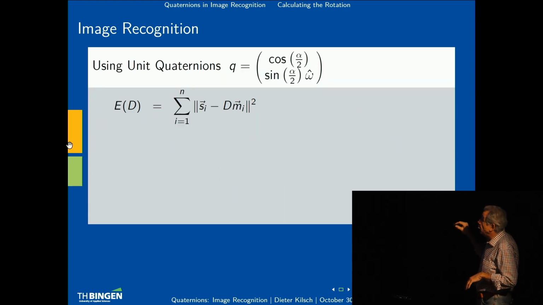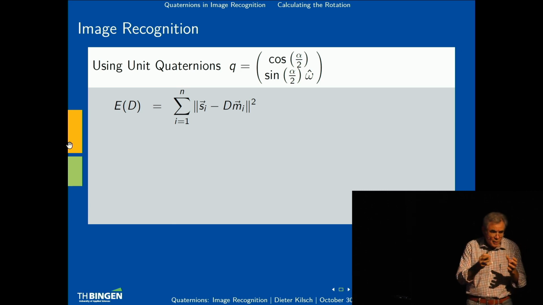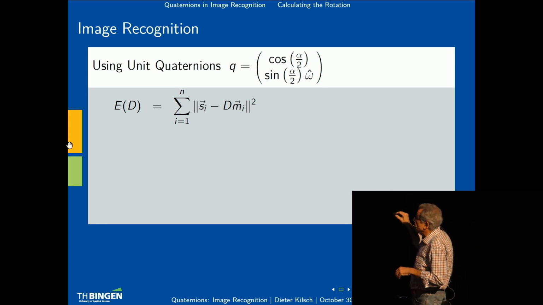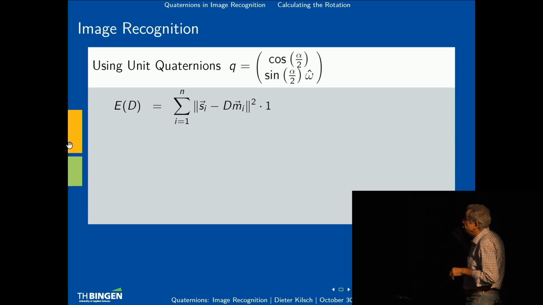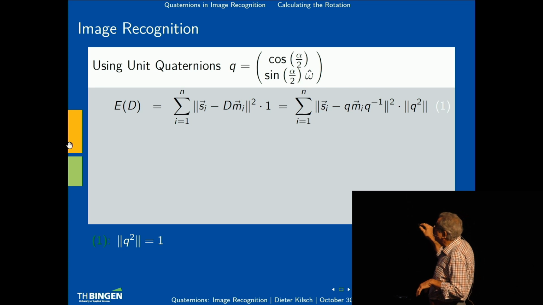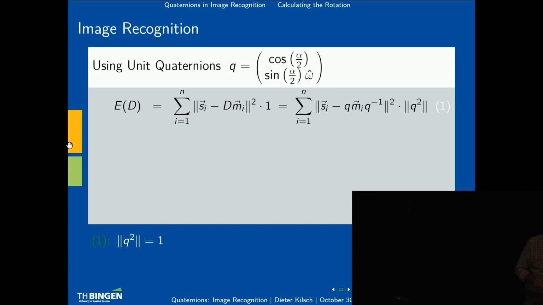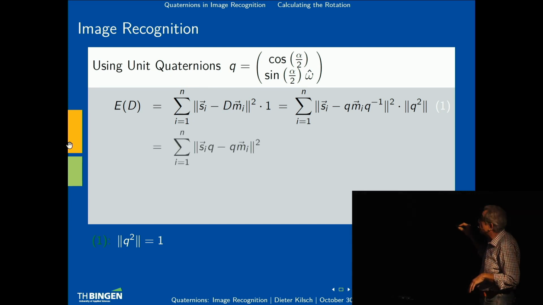Now, you have several corners of your house, and you just check for the corners, the difference in the corners, and you have the matrix here, and you replace the matrix by the Hamiltonian. So you multiply this equation by 1, and 1 is the norm of Q squared, because Q is a unit Hamiltonian.